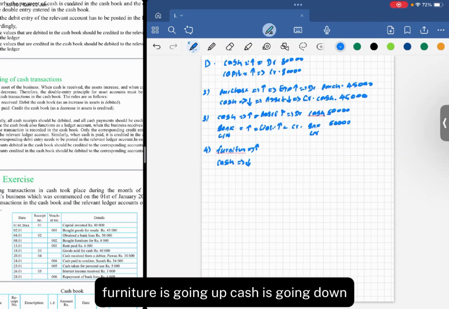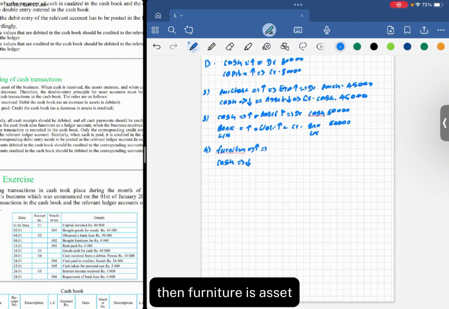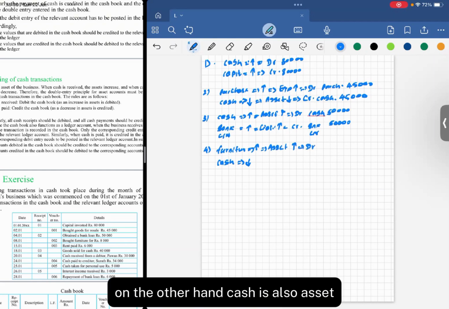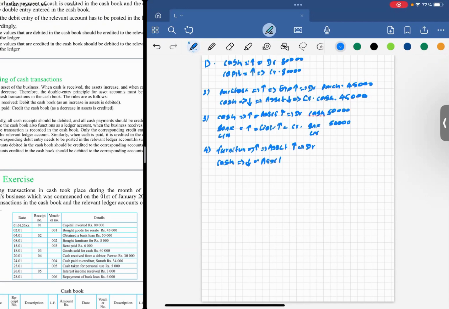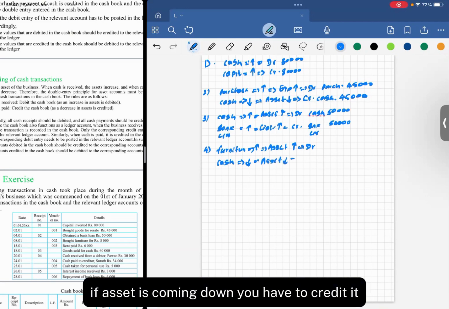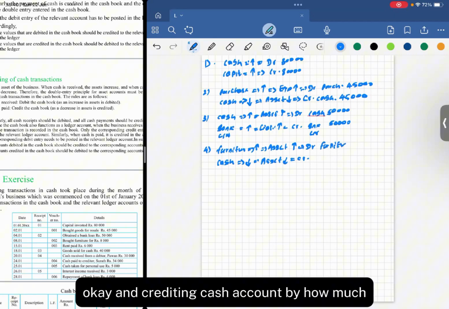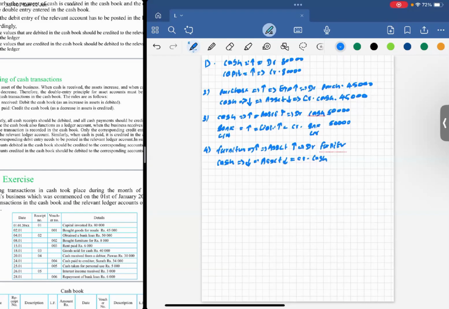Furniture is an asset, so if an asset is going up, you have to debit it. On the other hand, cash is also an asset, and if an asset is coming down, you have to credit it. So you are debiting the furniture account and crediting the cash account.